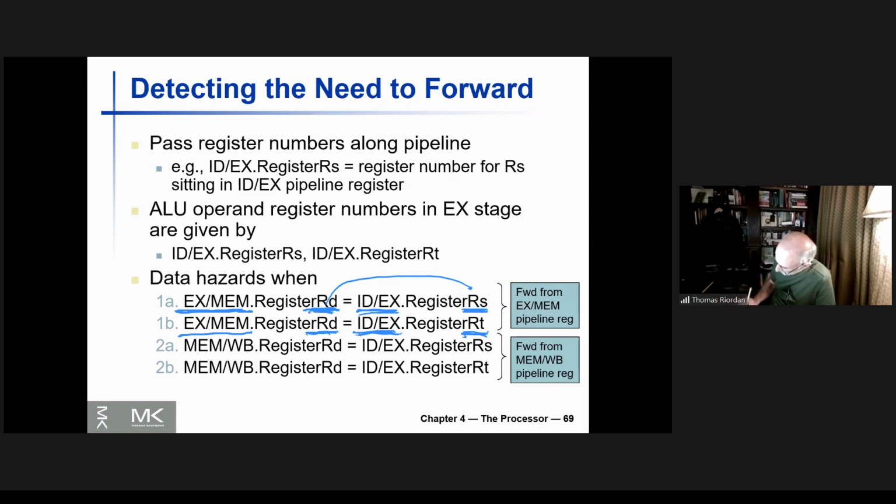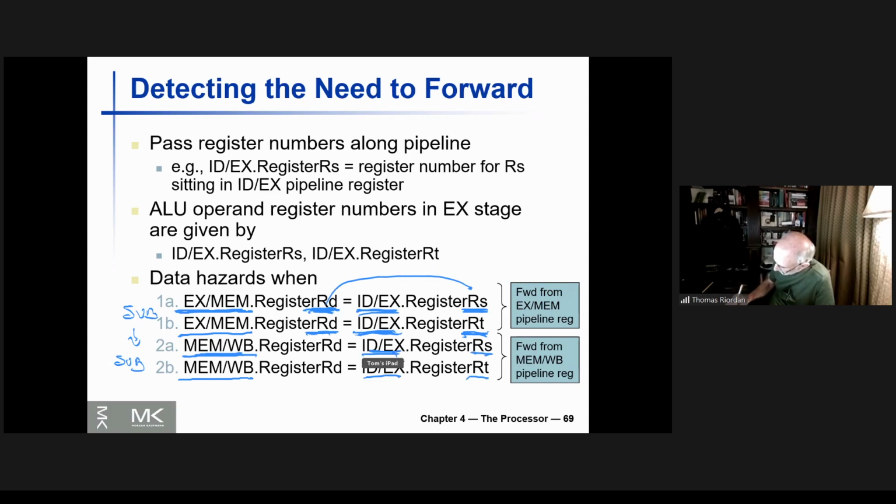And then one cycle later, when the subtract is here, again it does the same thing, but it grabs the destination bus one cycle later, now in the MEM/WB, mem write back pipeline stage, but again compares it against the same RS and RT.